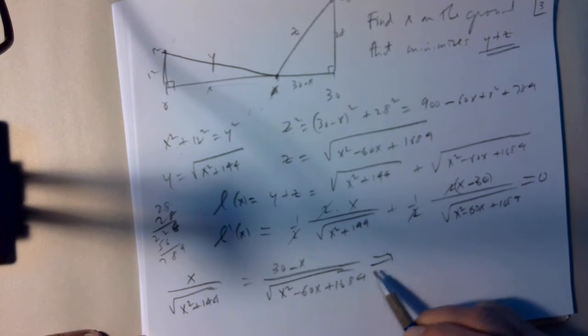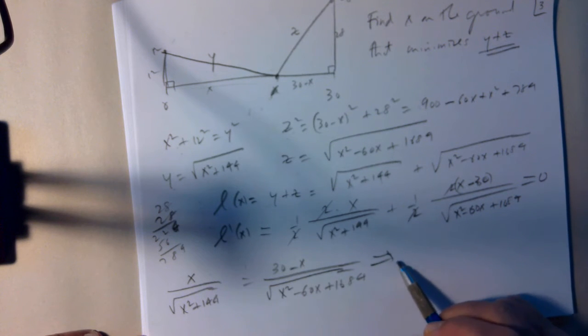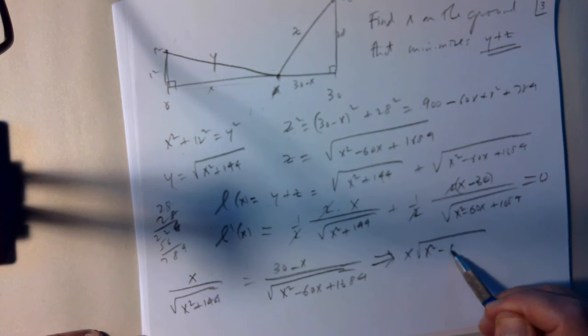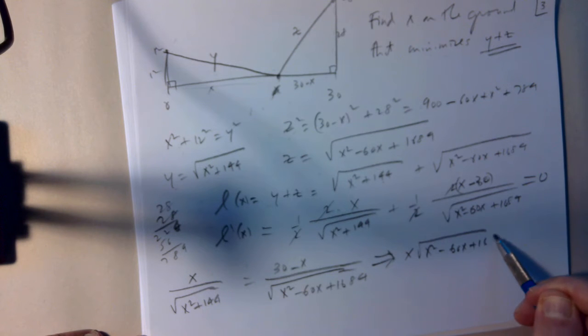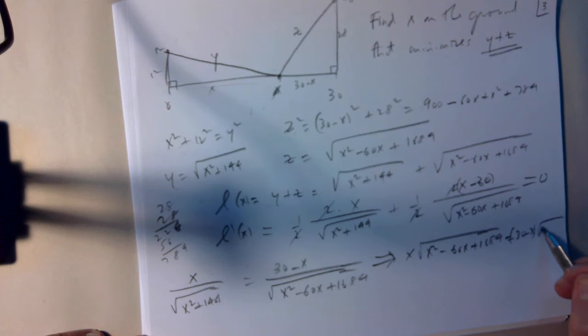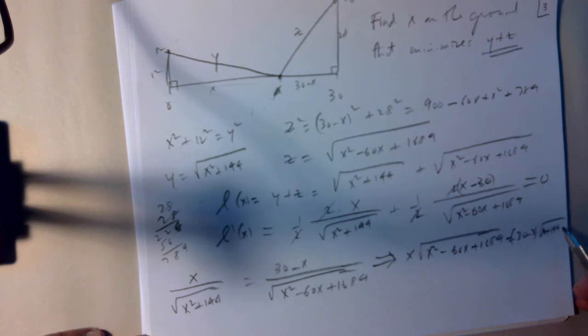Which means, if I just cross multiply by the denominators, x times the square root of x squared minus 60x plus 1684 equals (30 minus x) times the square root of x squared plus 144.